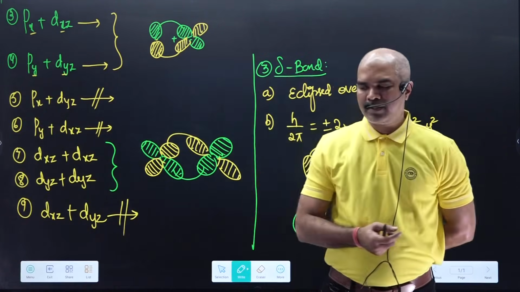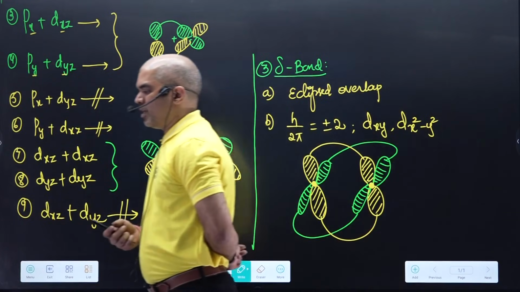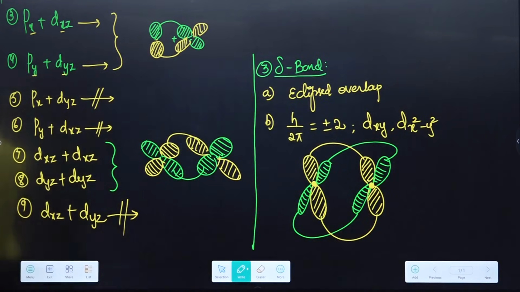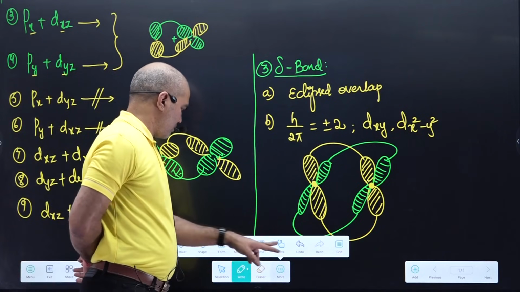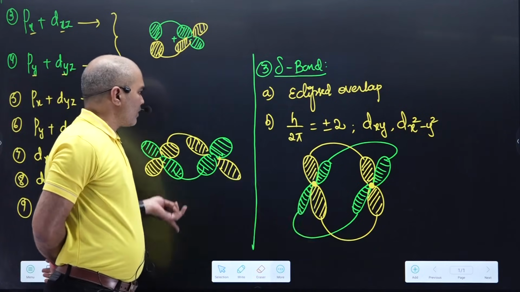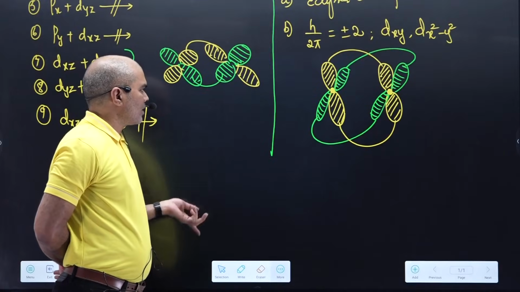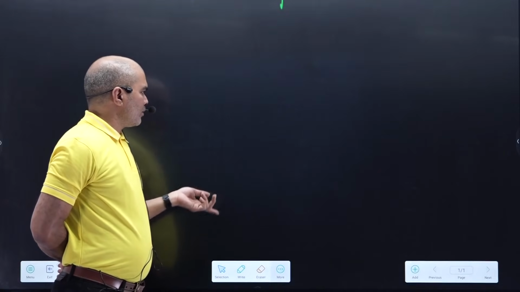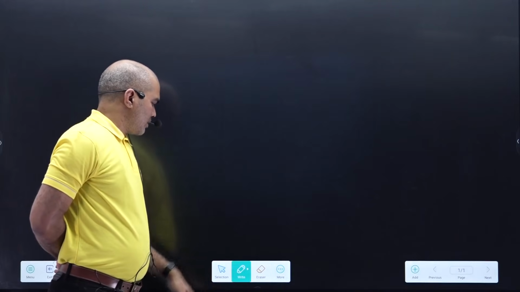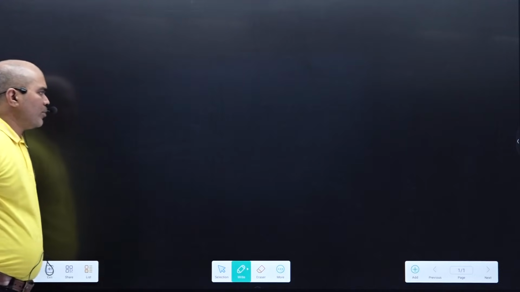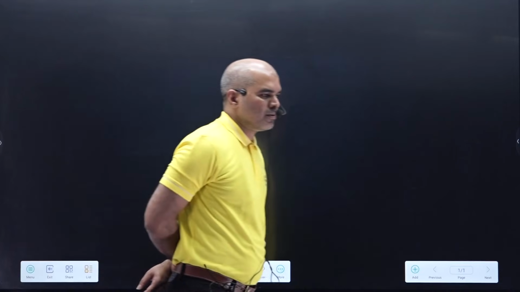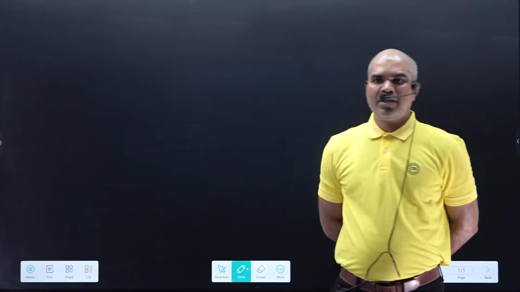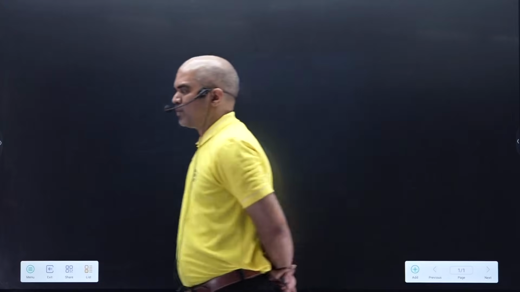Write a question. How many nodes can be seen for pi ABMO? ABMO, anti-bonding molecular orbital. How many nodes can be seen for pi ABMO?